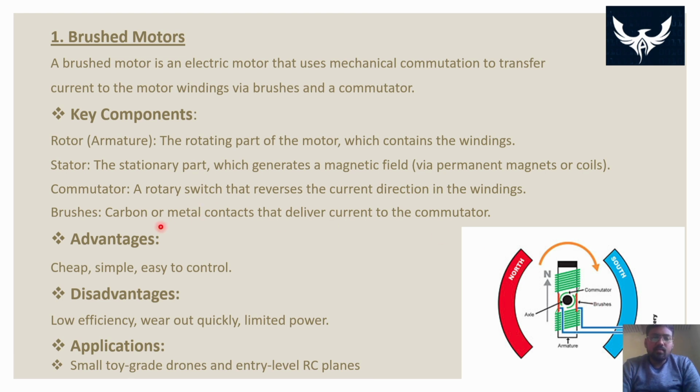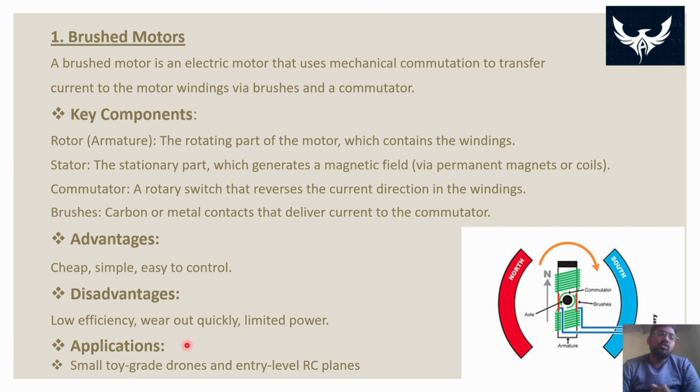So, what are the advantages of the brushed motor? It is cheap, simple, and easy to control. Now, what are the disadvantages? Because everything has some advantages, along with it, it also has some disadvantages. So, it has low efficiency, wears out quickly, and has limited power.